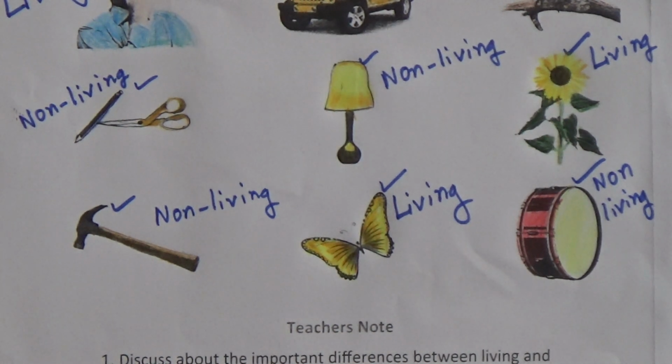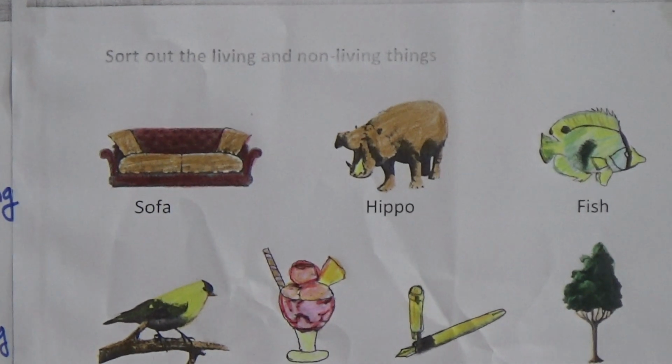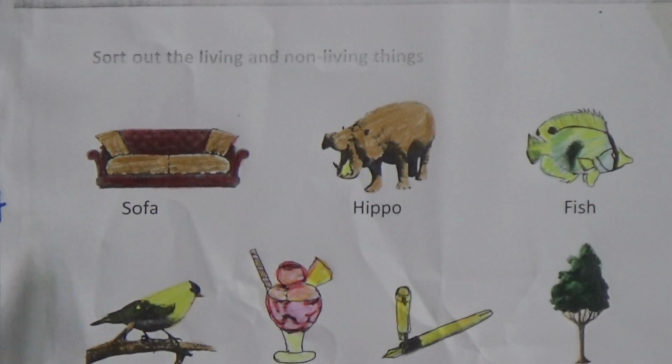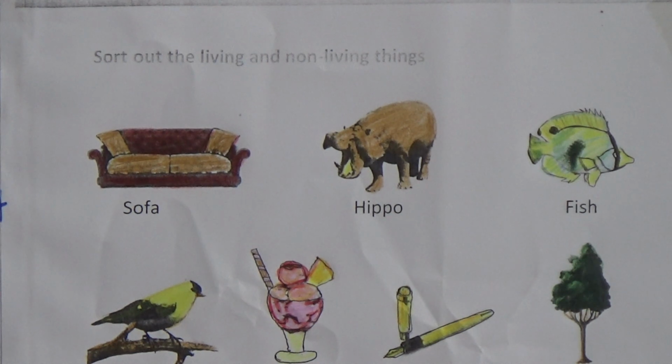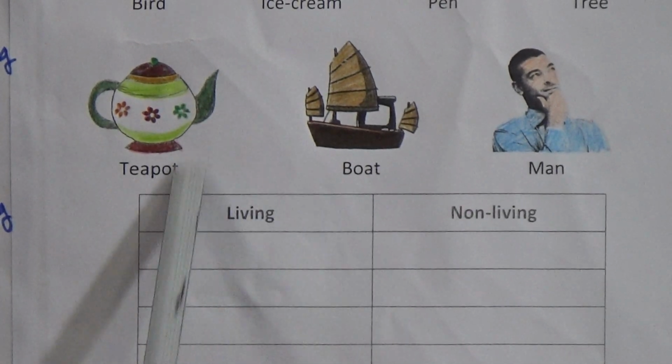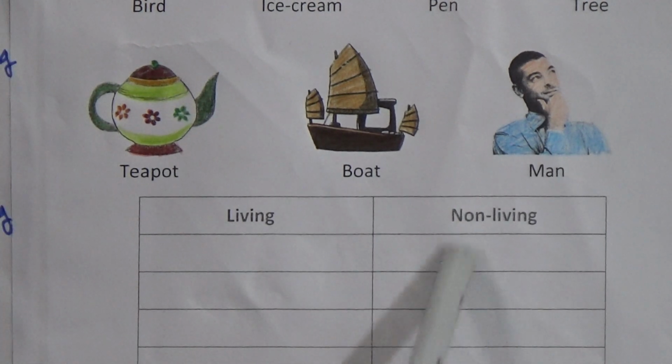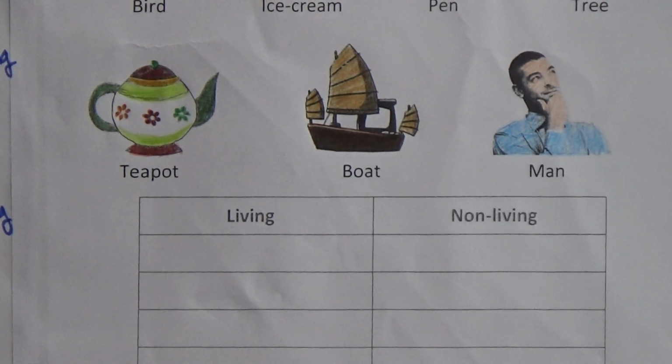So dear students, now go to the next page. This is page number 11, and here are some pictures. Now we have to fill up this table. Here are living things, and we will write living things from these pictures, and here we will write non-living things from these pictures.